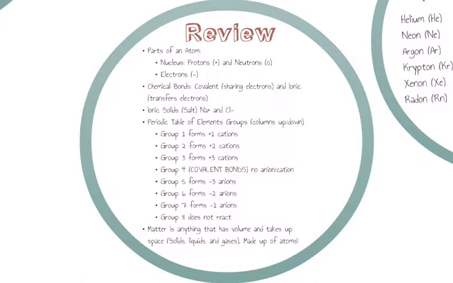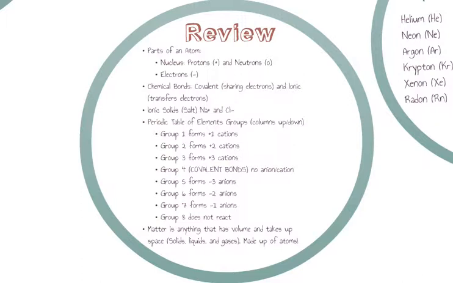Chemical bonds, or chemical reactions, can be covalent, which is sharing electrons, and ionic, which is transferring electrons. These ionic bonds can form ionic solids, for example, salt. The sodium ion comes together with the chloride ion and they form salt. That is an ionic solid.